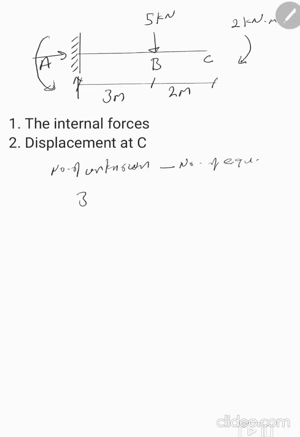So we have only 3 unknowns minus 3 equations: summation of forces horizontal and vertical, and also moment. That equals 0. So this is a determinate and stable structure.